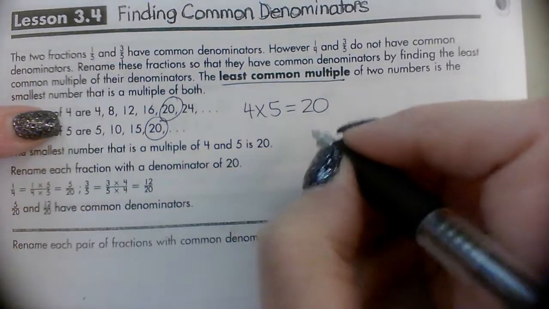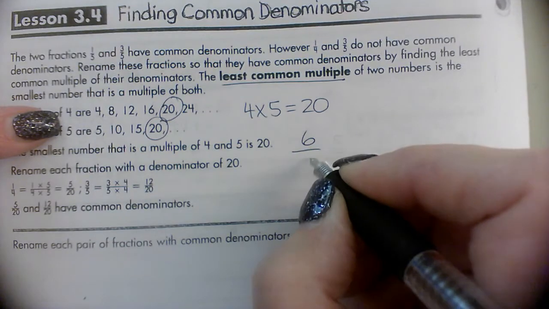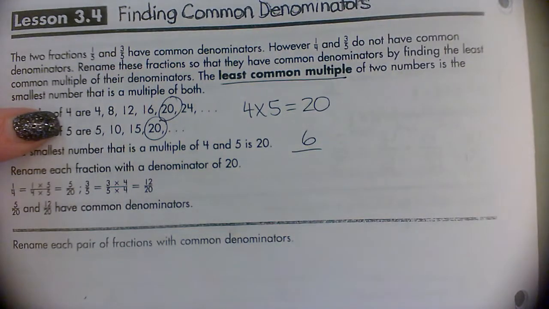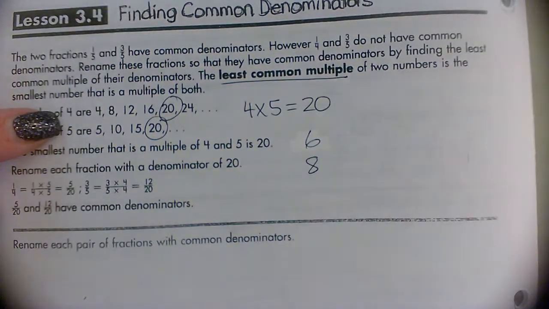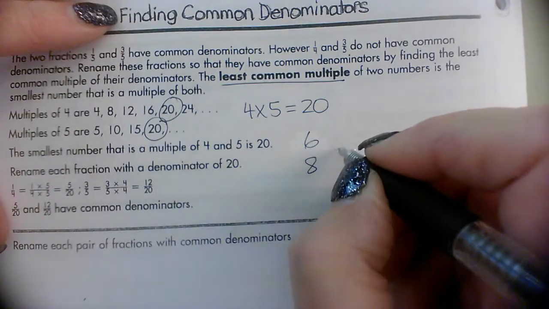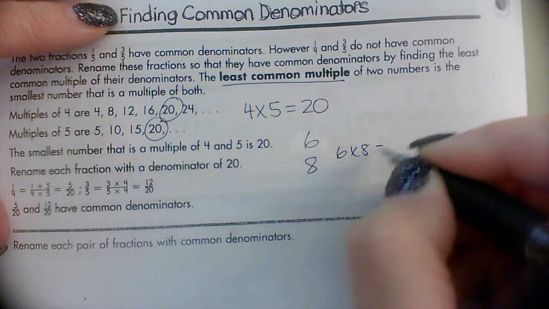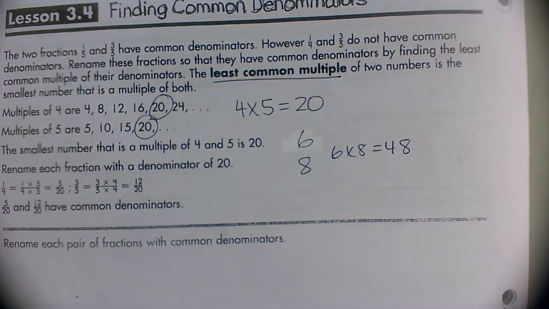So for example, let's say that I have 6 and 8. If I use that method of multiplying them together, 6 times 8, I get 48. 48 is a really large number. The odds are it probably had a matching one before 48, right?